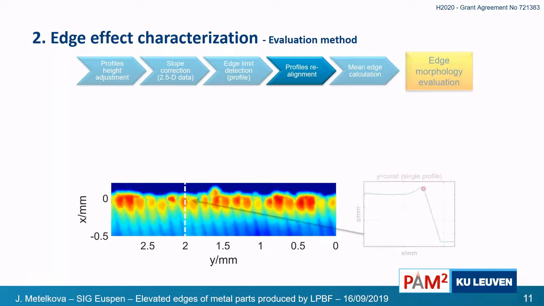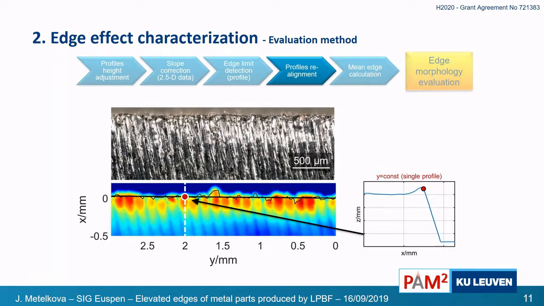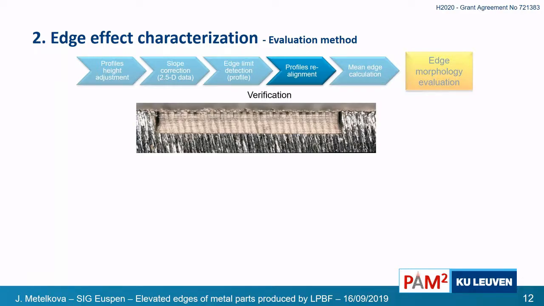So then we could project these limits of the edge on our 2.5D measurement, and correct for the positioning error actually.